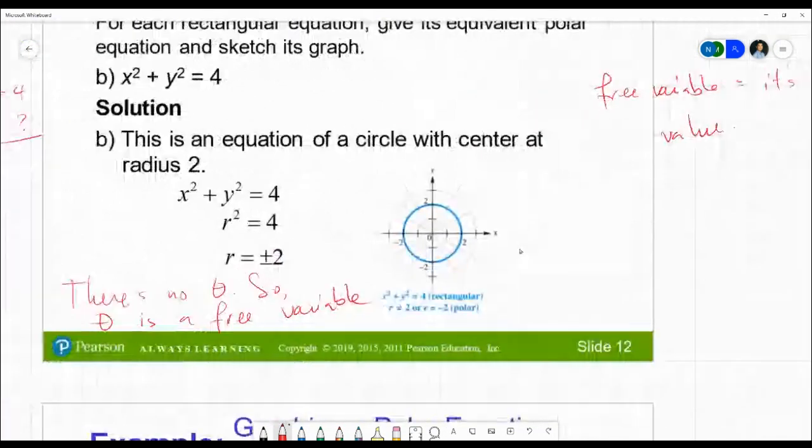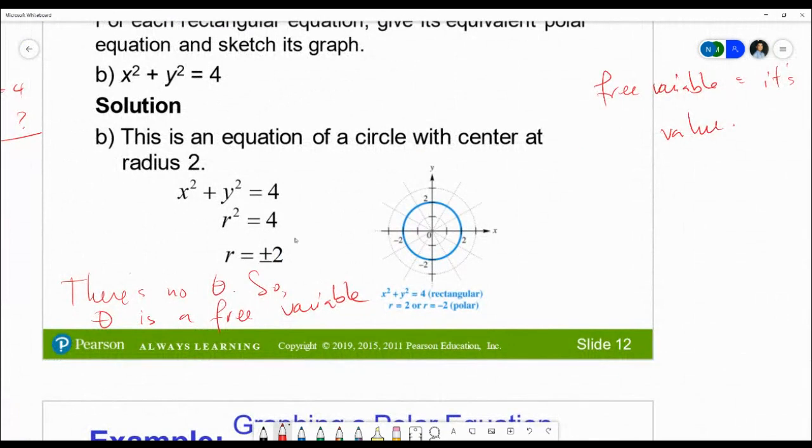And you can see here that r equals 2 is a point 2 spaces away from the pole. That gives us essentially a circle, because all these points here are 2 units away from the pole. And since theta is a free variable, it's free to be whatever you want.